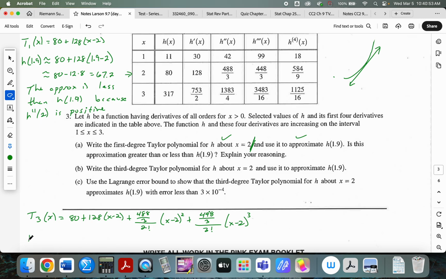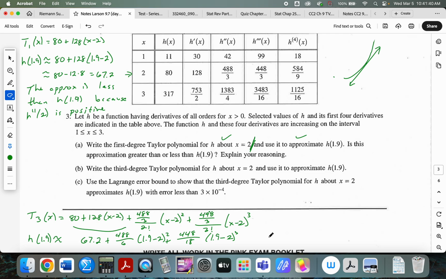So then h of 1.9 will be approximately equal to, we already figured out these first two terms are 67.2, plus, let's see, that'll be 488. 2 factorial is 2, so that'll be over 6 times 1.9 minus 2 squared, plus 448 over 3 factorial is 6 times 3 is 18 times 1.9 minus 2 quantity cubed.